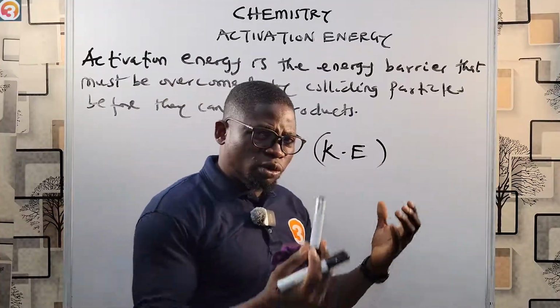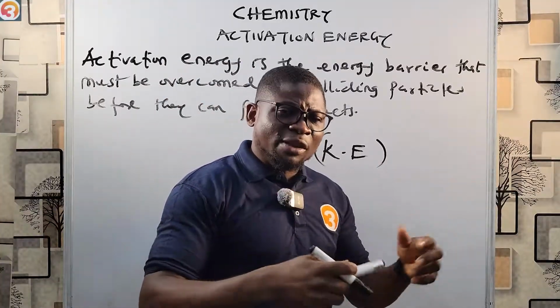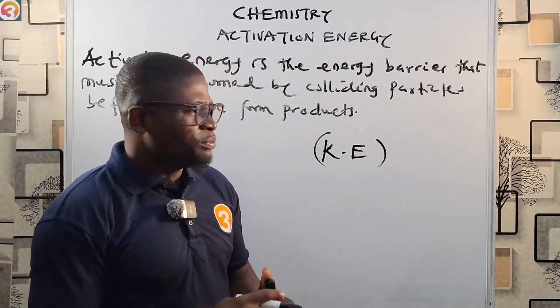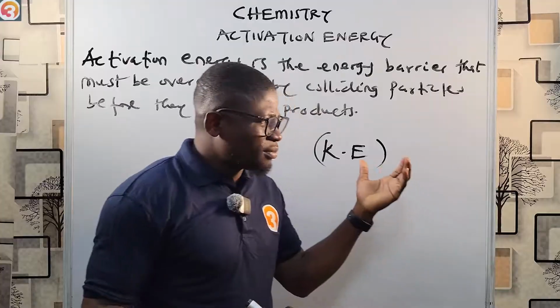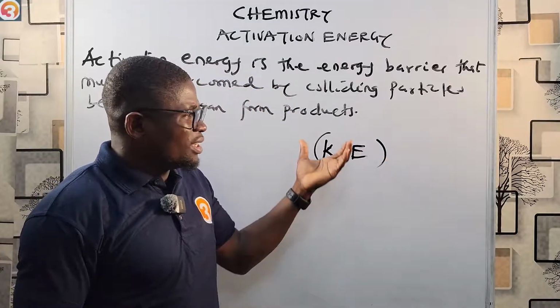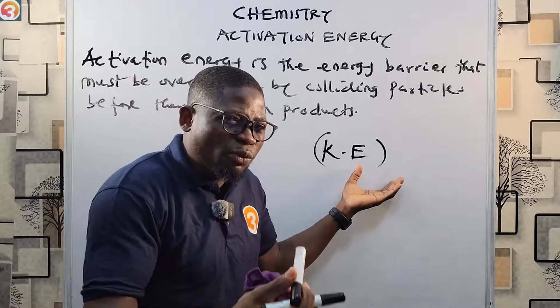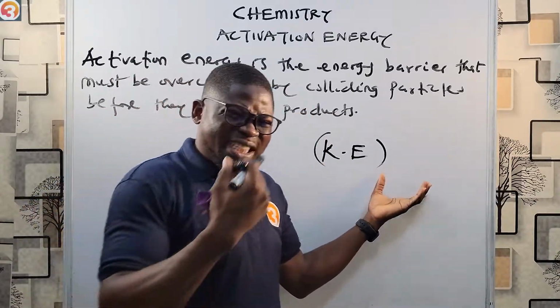This KE usually goes up, it increases. Once it has gotten the minimum amount of energy, then the reaction can proceed. I'm trying to explain why activation energy is what is needed in reactions for them to take place.